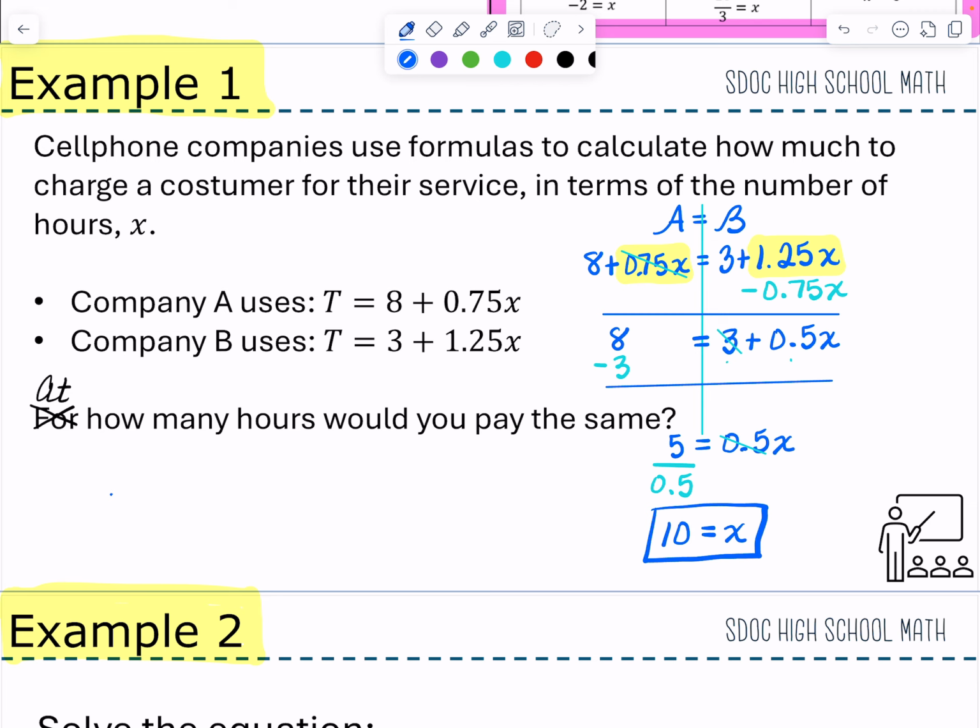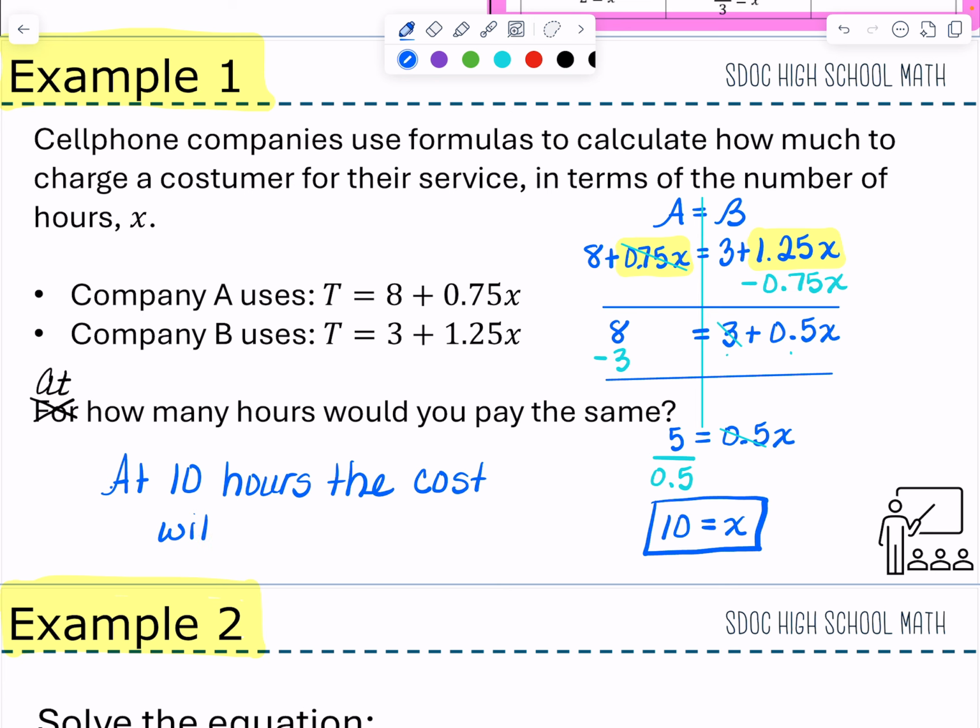You'll pay the same at 10 hours. Okay? All right. So the cost will be the same. So since this is a word problem, we're going to go ahead and give them a word answer. All right. So that's example 1.